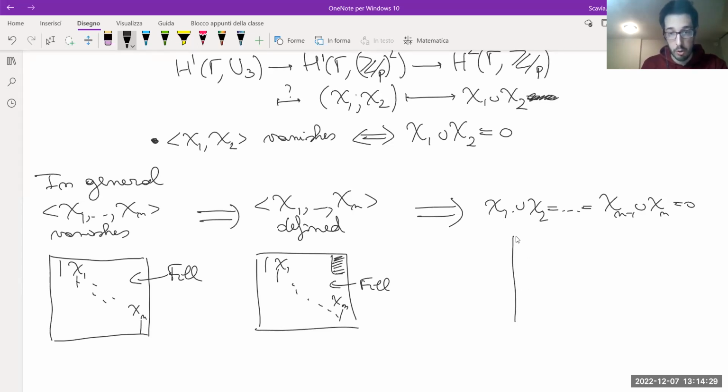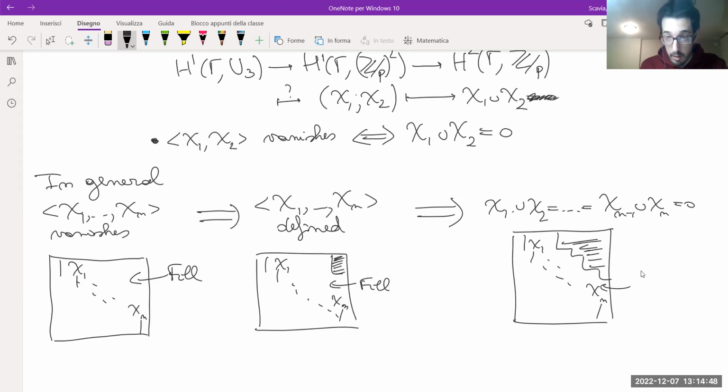And when do we have this condition on the cup products? We have it when we can fill, maybe we can't even fill U(n+1) bar, but we can at least fill the next upper diagonal, and then forget about the rest.